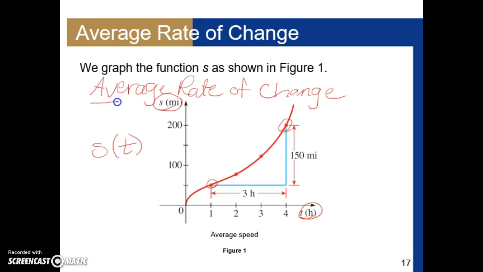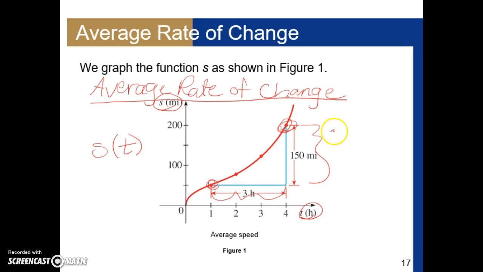So if we want to find the average rate of change, or the speed that we were traveling from mile 1 to mile 4, then what we're going to do is take the difference in the y values and divide that by the difference in the x values.